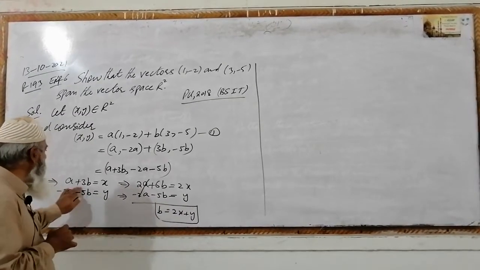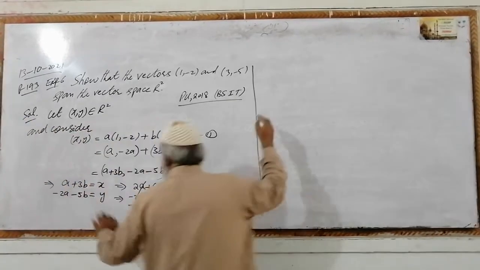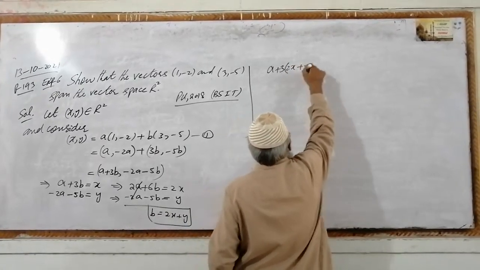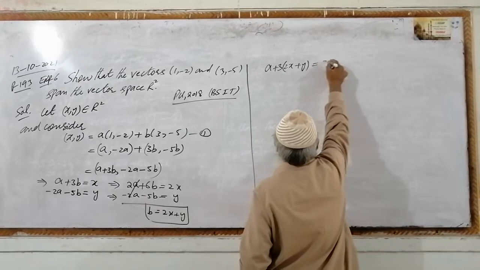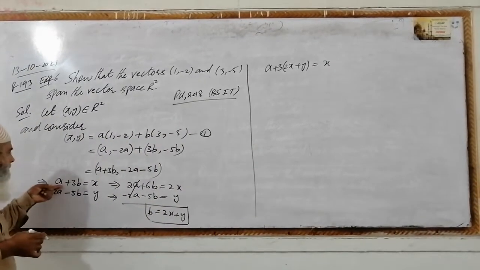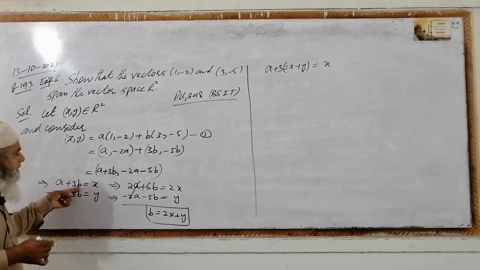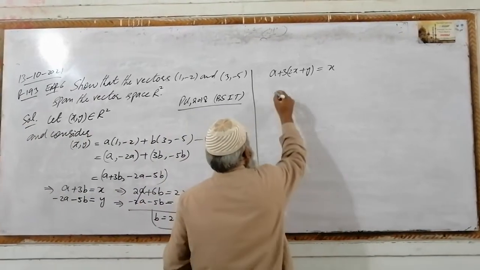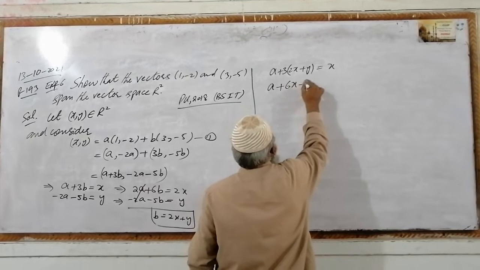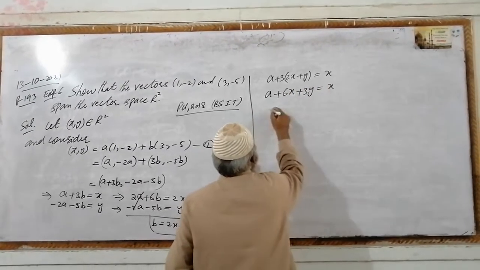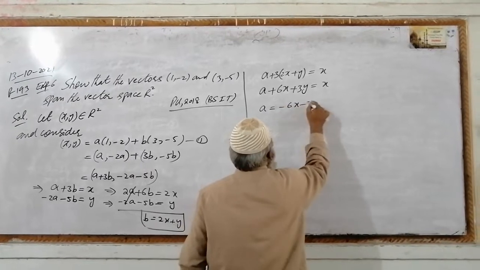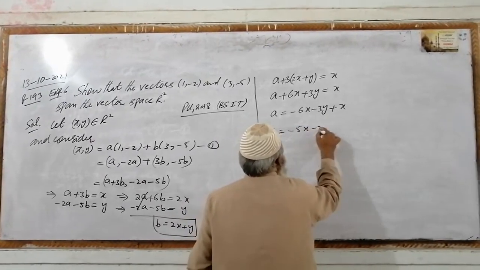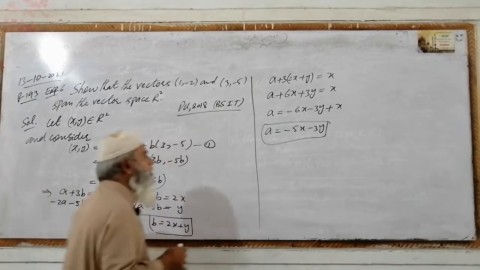If we put this value of b in this equation, we will be able to find the value of a. a + 3b = x, and in place of b we put the value 2x + y. This gives a + 6x + 3y = x, and from here a = -6x - 3y + x, which gives -5x - 3y. This gives the value of a.